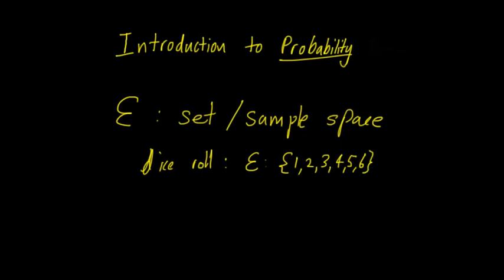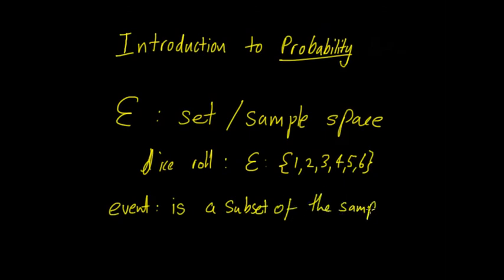Now, what you can then have is a subset. An event is a subset of the sample space. So literally, an event is one outcome or a few outcomes occurring.